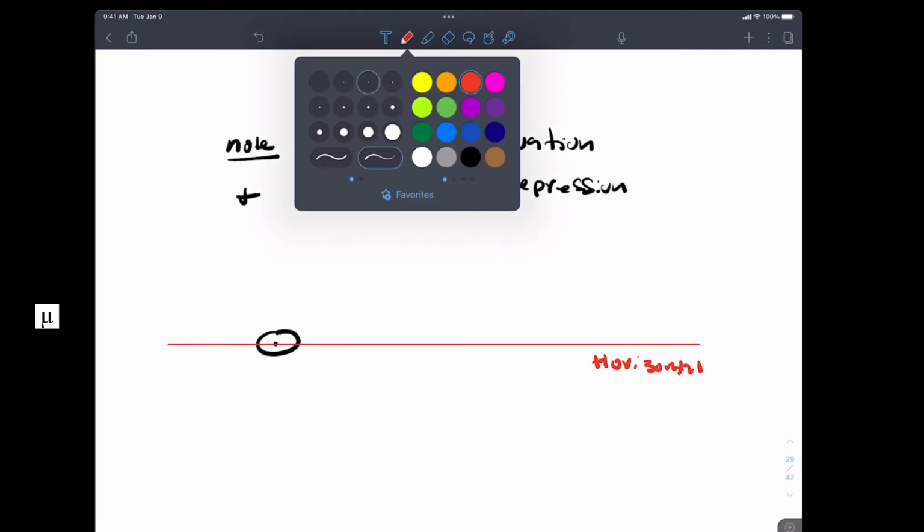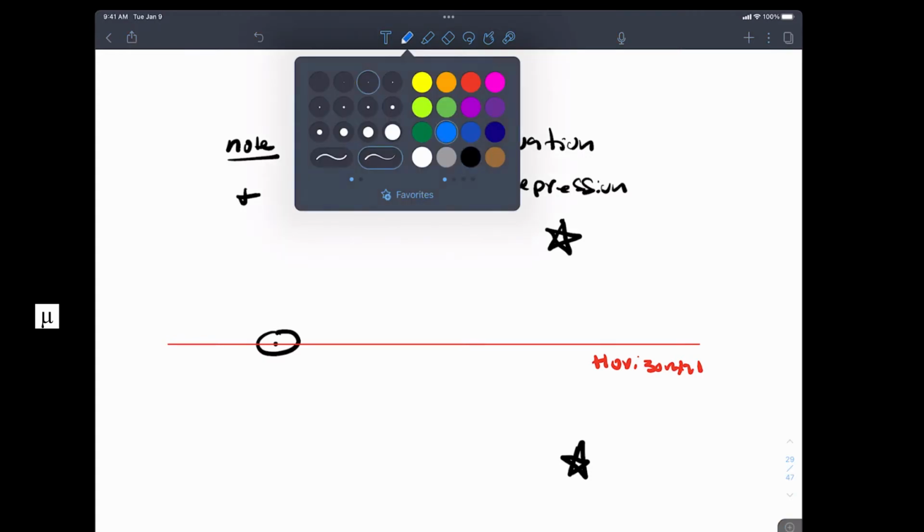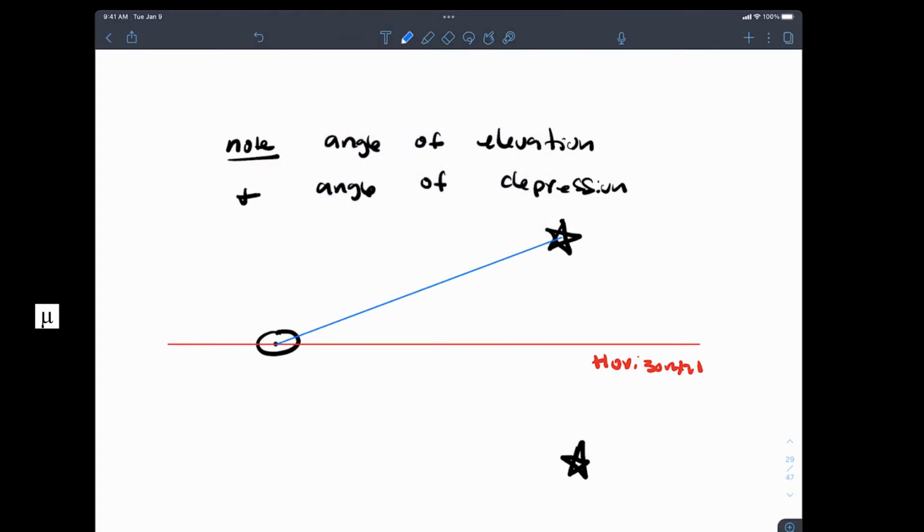And I'm going to put 2 objects now, one here and one over here. So if your eye is looking at something above a horizontal, right in here, I'll call that alpha. Alpha is an angle of what? Elevation, okay?